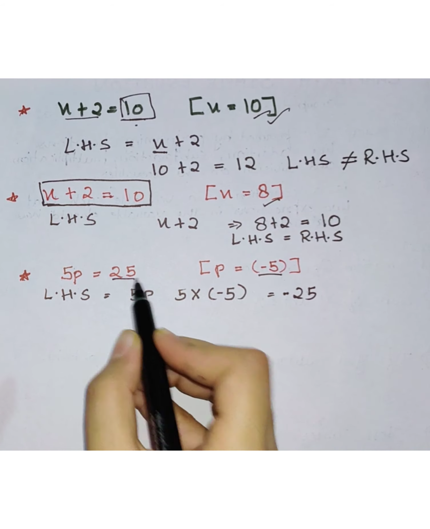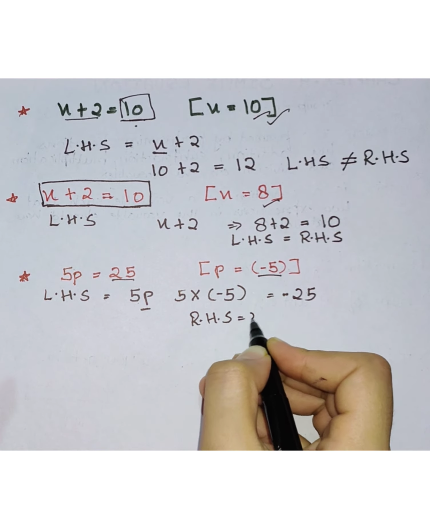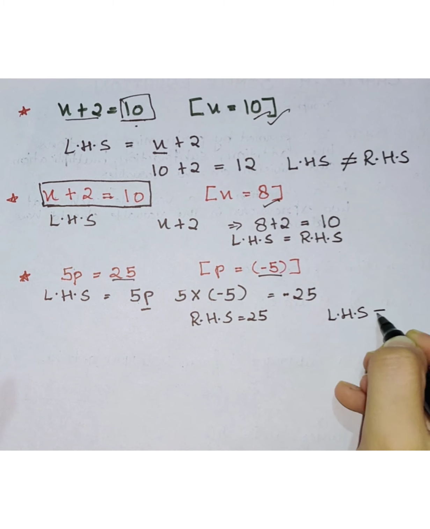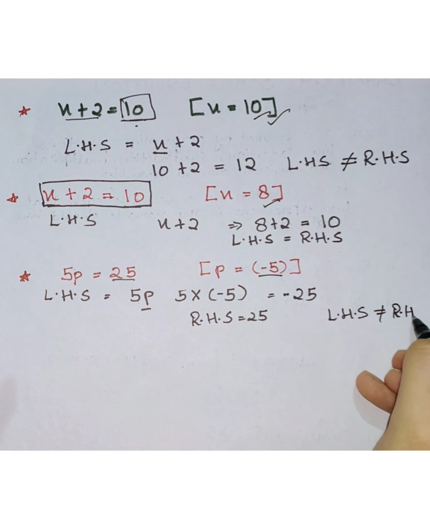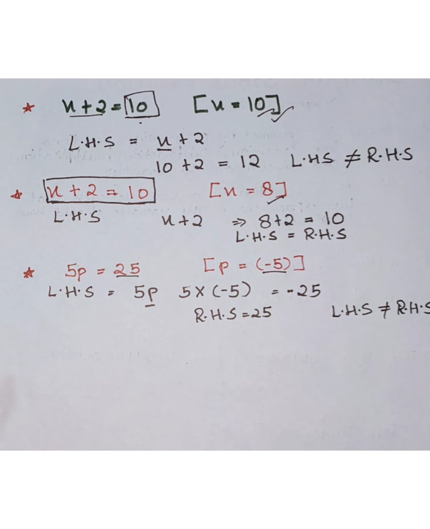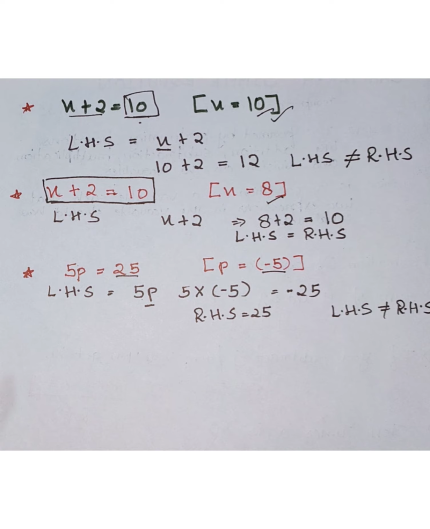5 fives are 25, with plus times minus giving minus. But our right hand side is given to us as 25, which means the left hand side and right hand side are not equal. I think now it is clear how to check whether the given value of a variable satisfies the given equation or not.